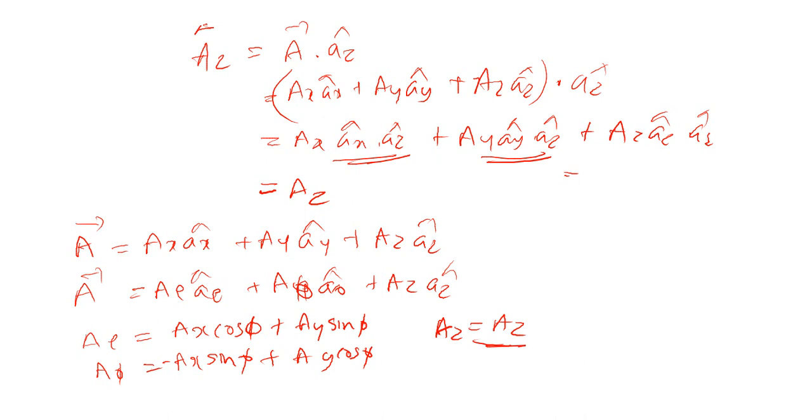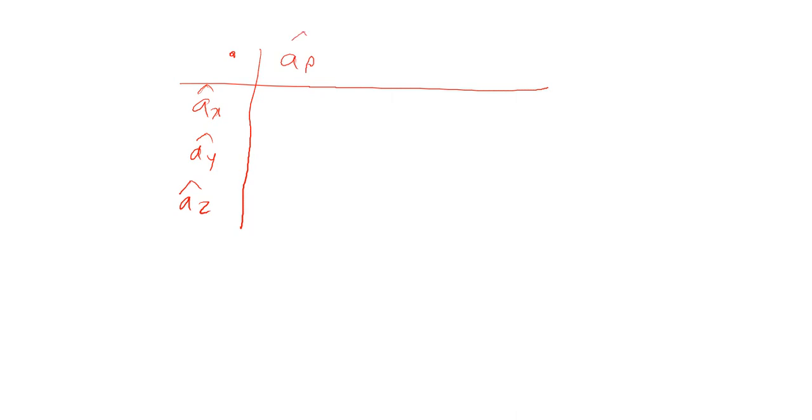So in order to simplify this cross product or dot product, we will make a table like this. Just note down this table: ax, ay, az dot producted with the rho cap, phi cap and z cap.